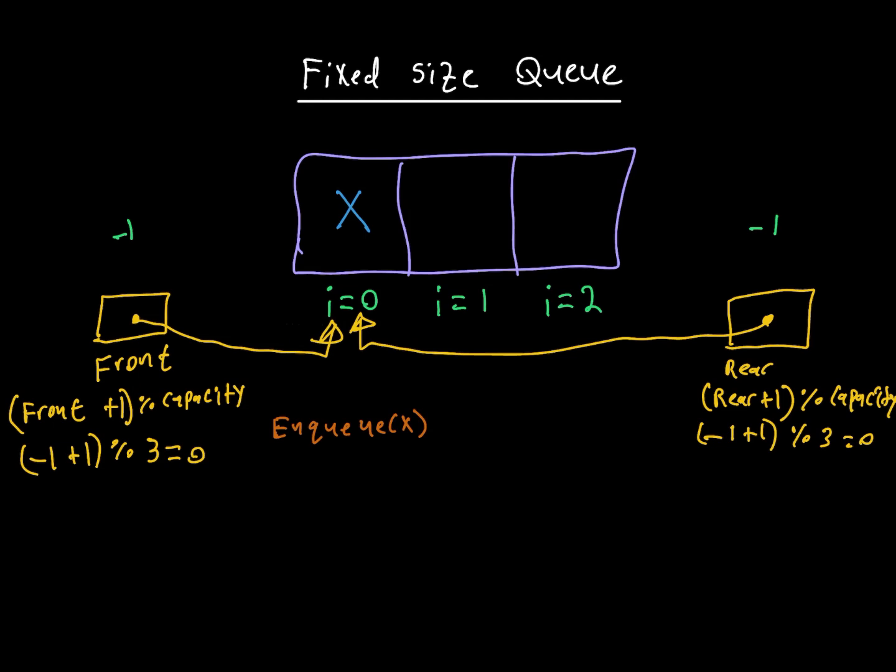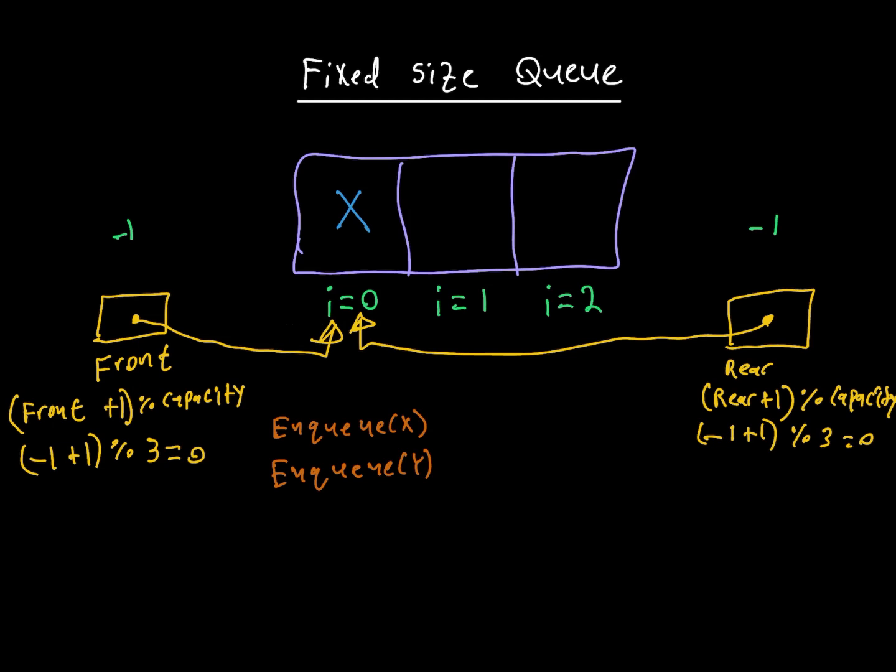We want to enqueue y. Since front and rear are no longer pointing to -1, we would now only be concerned with rear for enqueue, right?